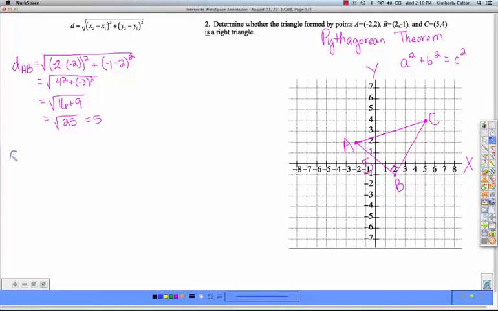So we have the distance between B and C. So we have the square root. And then we're going to do B and C's x's first. So 5 minus 2 squared plus 4 minus negative 1.